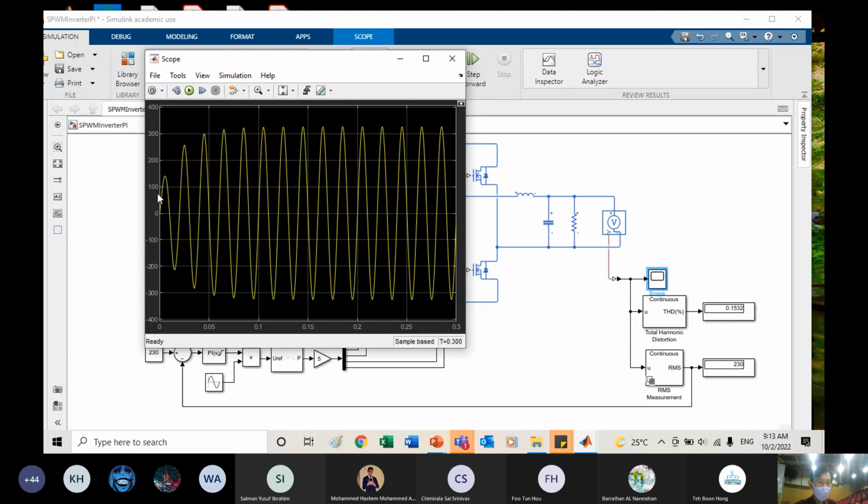It's normal, because your feedback control tries to track the voltage slowly until it reaches 230 volts RMS, which is 325 peak. Then it becomes stable, and this is the voltage.